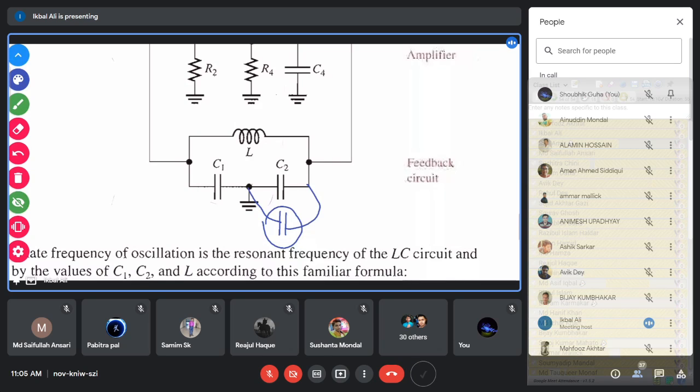So this C2 external capacitor, the designed external capacitor which you have connected to the circuit, will be affected by the transistor junction capacitance when the circuit actually runs.